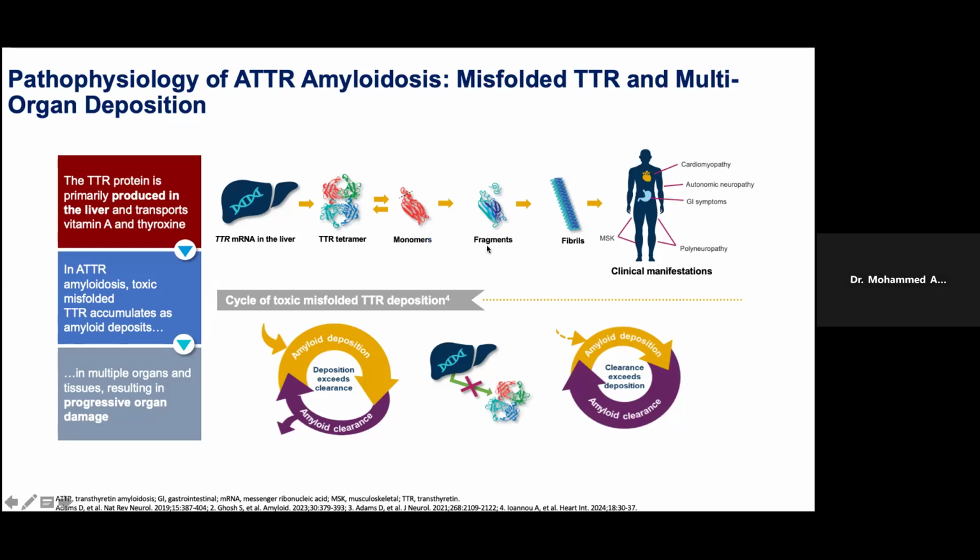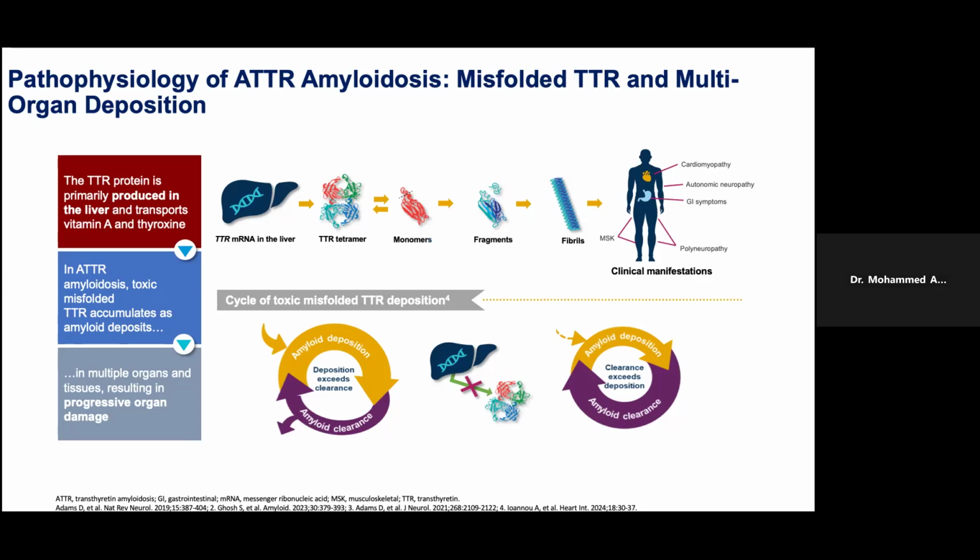These amyloid fibers may be progressively deposited in multiple organs, particularly in the heart, and also in peripheral nerves, the autonomic nervous system, and gastrointestinal tract. In the heart, the amyloid deposition causes ventricular wall thickening, increased myocardial stiffness, impaired diastolic filling, conduction abnormality, and eventually heart failure.